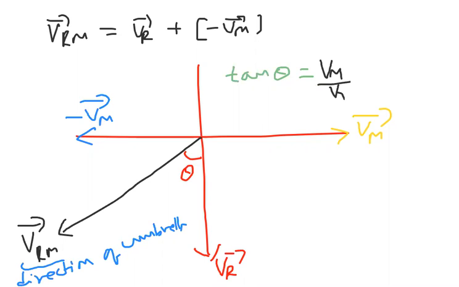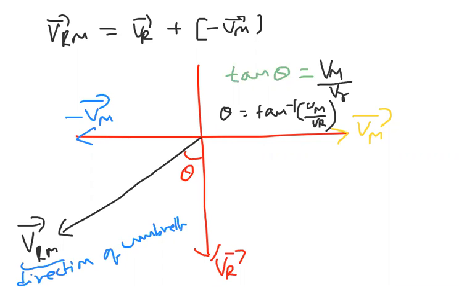Adjacent is Vr. Tan theta is equal to Vm by Vr. From here, theta is equal to tan inverse Vm by Vr. This is with respect to vertical. Don't get confused. This theta is with respect to vertical only, not with respect to horizontal.